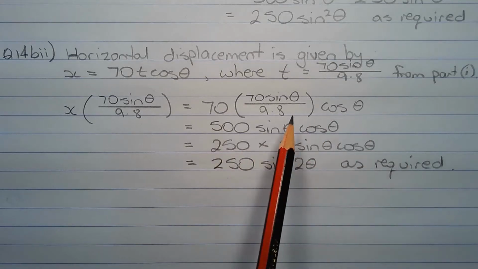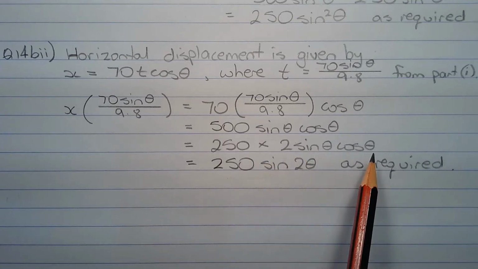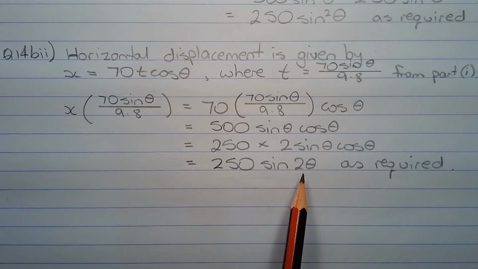By application of the double angle identity for sine, that is, 2 sine theta cos theta is equal to sine of 2 theta, that equals 250 sine 2 theta as required.